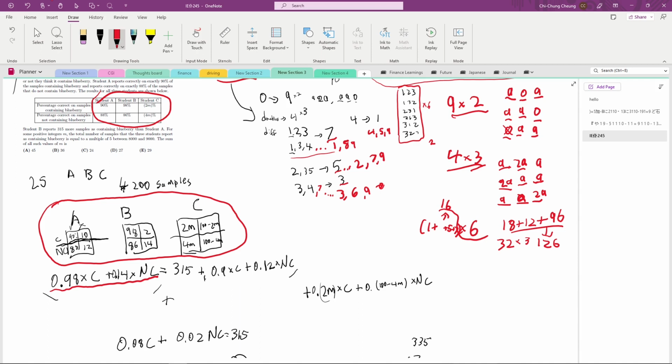So it's in the not contained row, but he was wrong, so it's the right side, so it's 14. So that's why it's 0.98 times C plus 0.14 times not contained NC. And then that equals 315 more than A, which is 0.9 times C and 0.12 times NC.